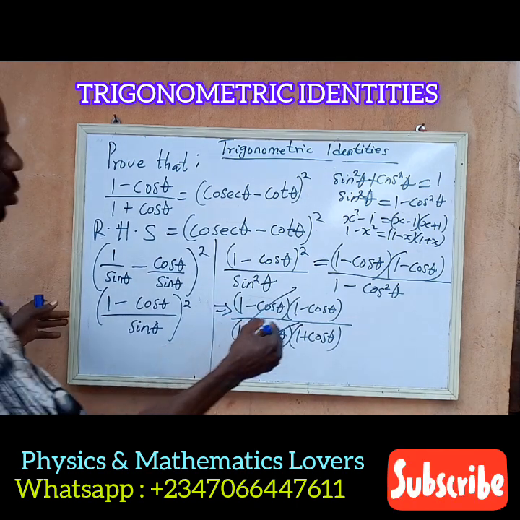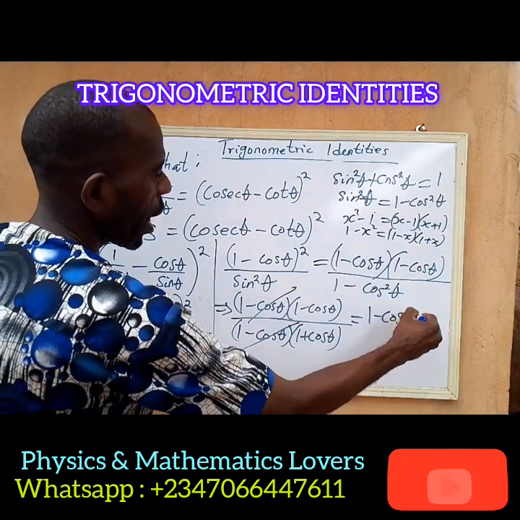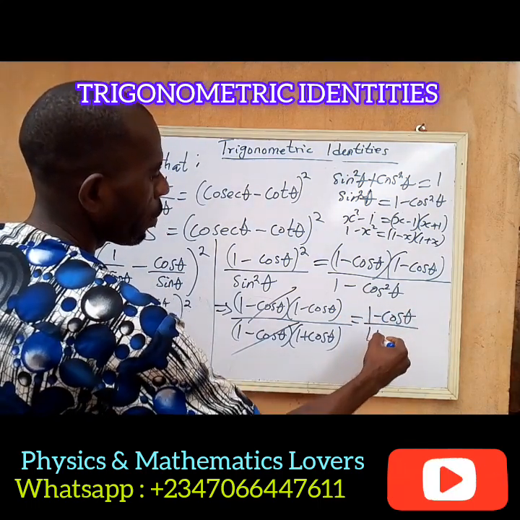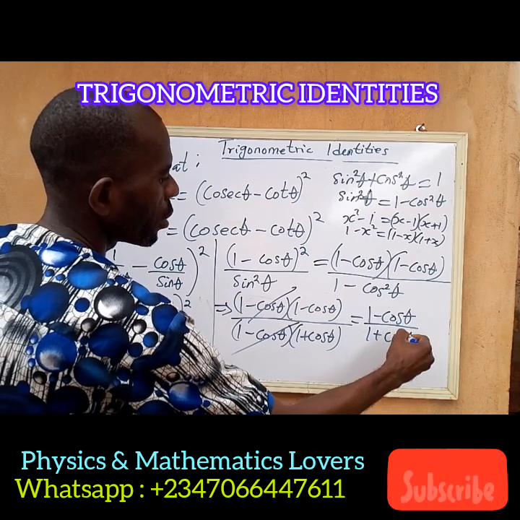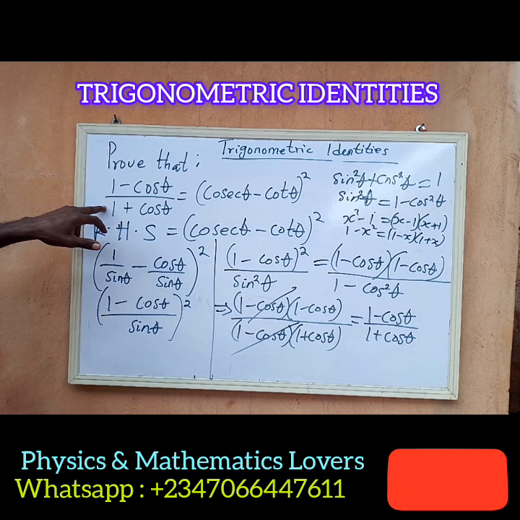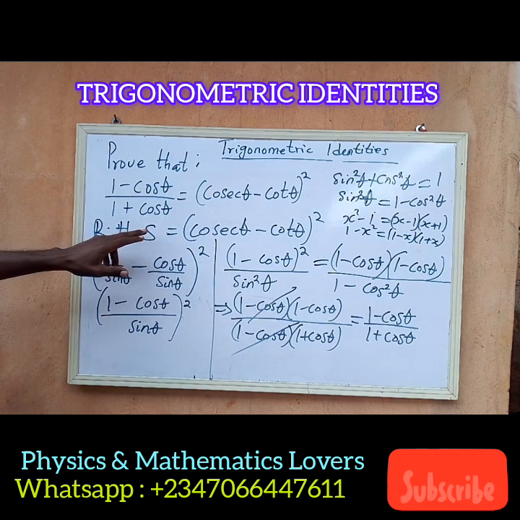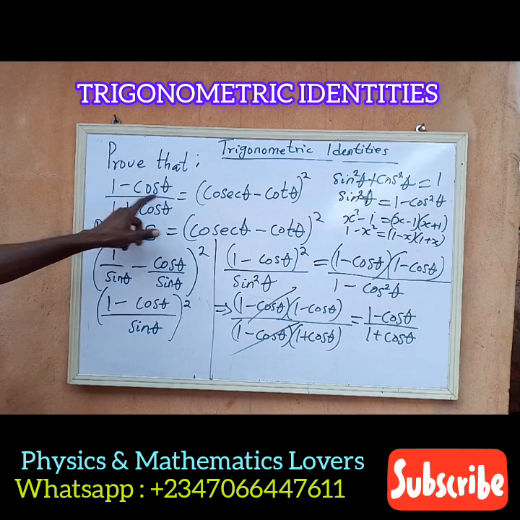So the next thing we have is 1 minus cos theta all over 1 plus cos theta, which is equal to our left hand side. As you can see, the equation has been proven. We have proved that this one is equal to this.